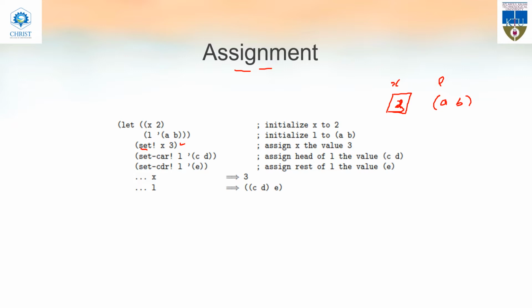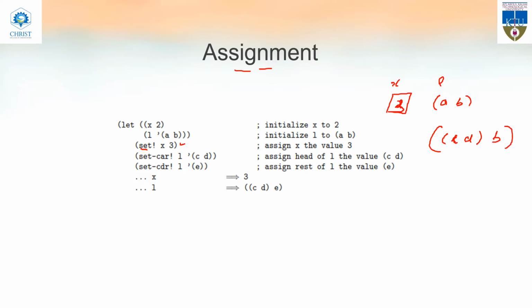So I am setting the head of the list as C D. Initially the head of the list, the first element, was A. It was replaced by the list C D. So the list is now C D, then B.